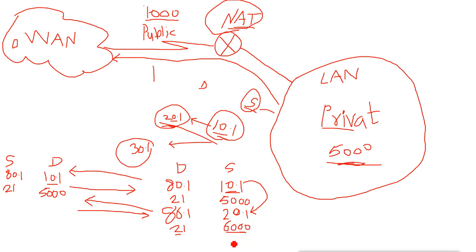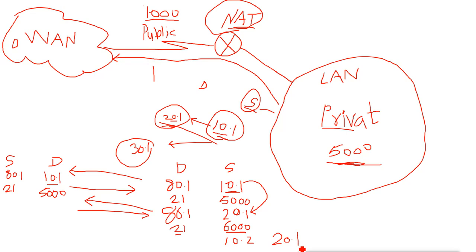For example, 10.2 also comes. This is the next private IP, and it also wants to access the internet. So what it will do here is change this 10.2 also to a public IP, and we have only one public IP, so that public IP is 20.1.